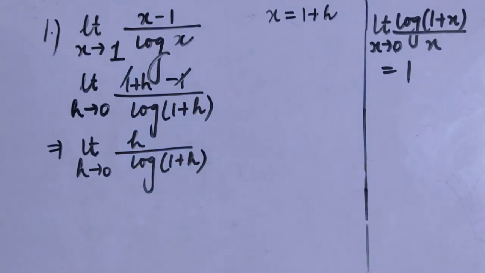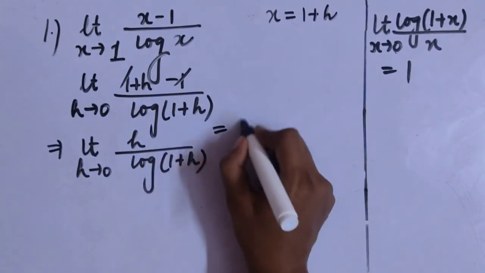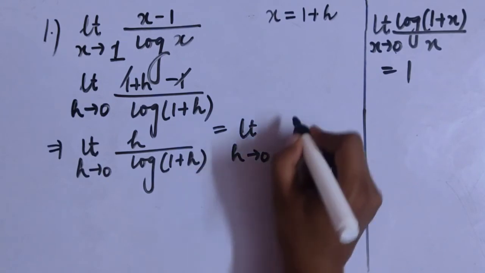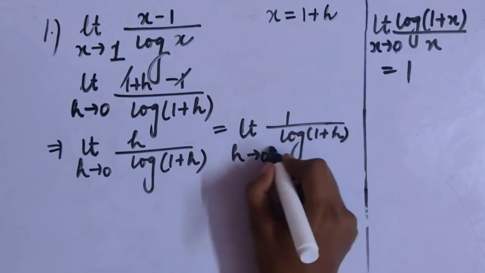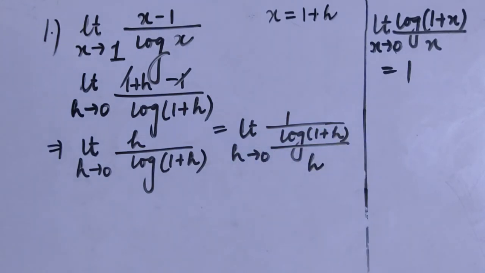Now can I write limit h tends to 0, 1 upon log(1 + h)/h? Yes, I can write it, because when you solve it, this h is going to be there in the numerator only.